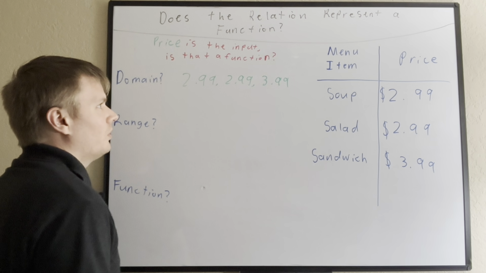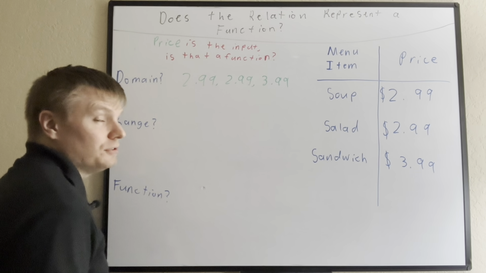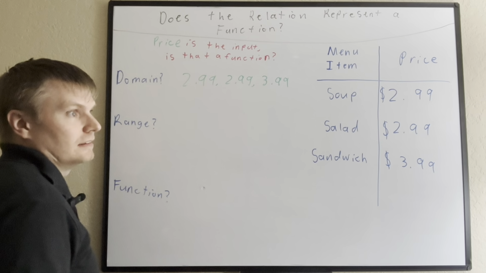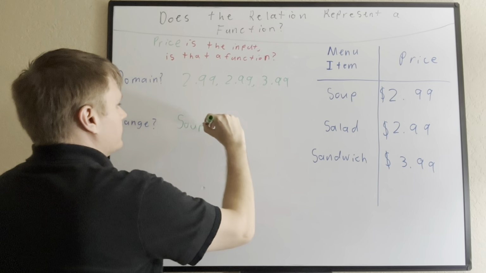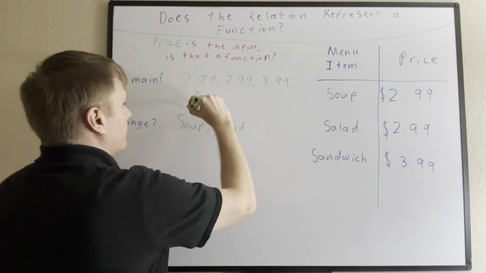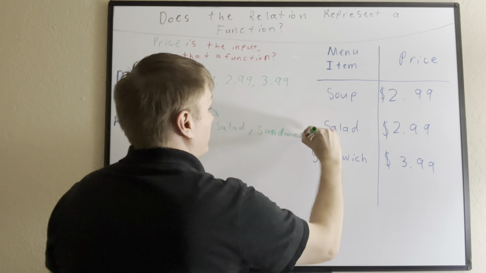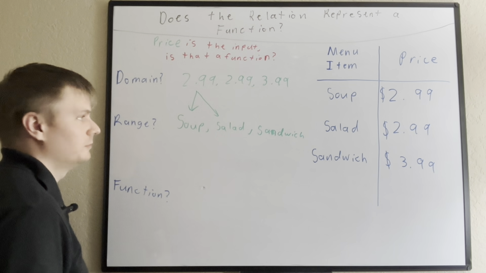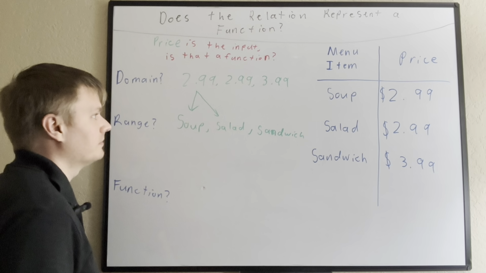Maybe if you were ordering through a computer somehow, and you just told the computer you wanted an item that was $2.99, what would you get? Would you get soup or the salad? If the programming on that computer is not very good, then you may not know which one you're going to get. They'll just give you whatever they want to give you.